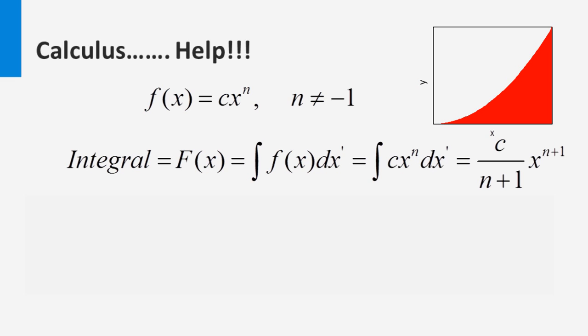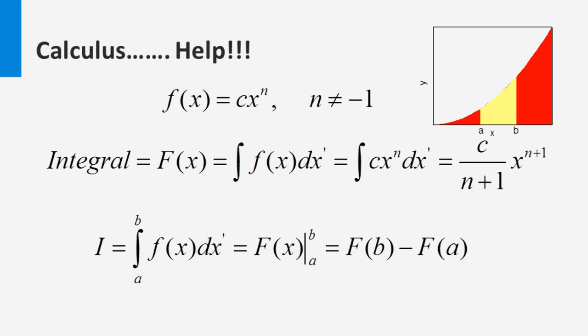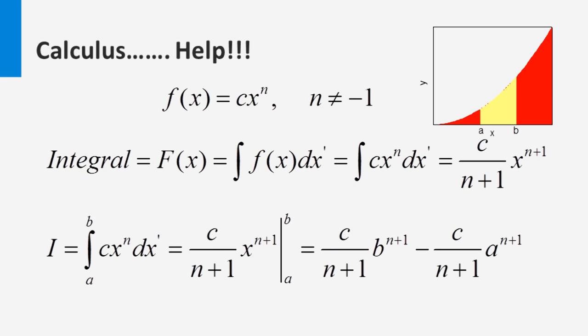The area between the boundary values x is a and x is b can be calculated by subtraction of the integral function at x is b minus the integral function at x is a. For a polynomial, this looks like this. It looks maybe complicated, but it is rather simple.